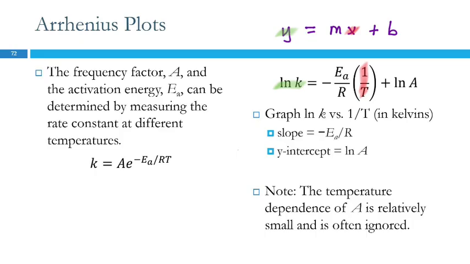Just the fine print here: the temperature dependence of A is a thing. A does change a bit with the temperature, but it's a small factor, and so we just usually ignore it. It's always convenient when you can ignore troubling things.